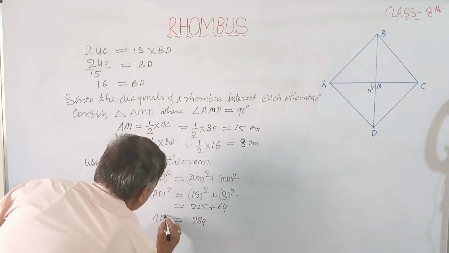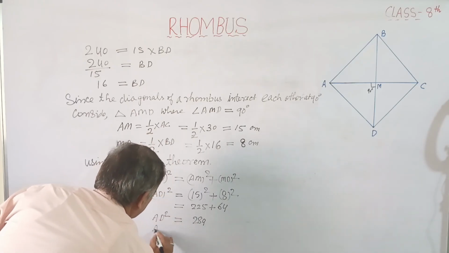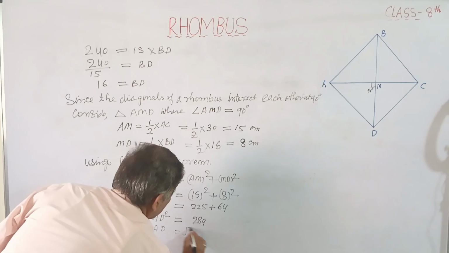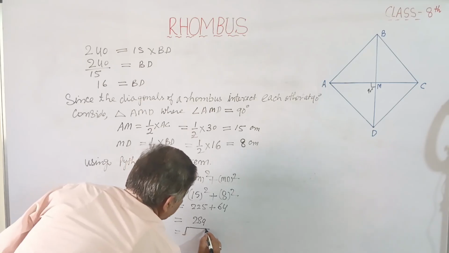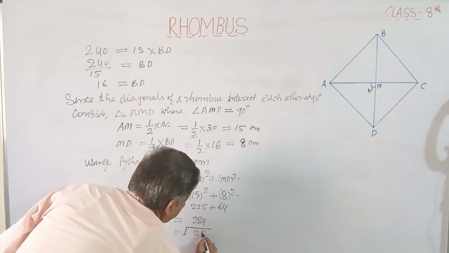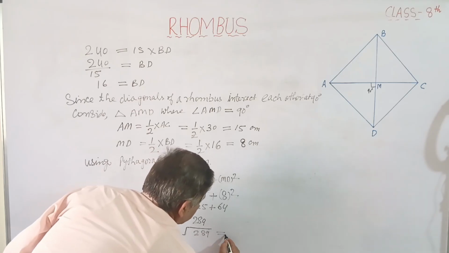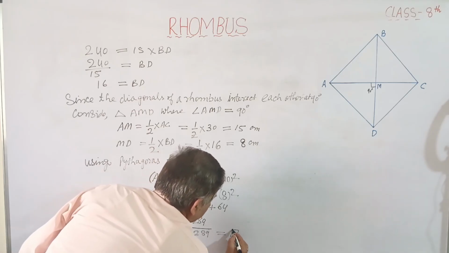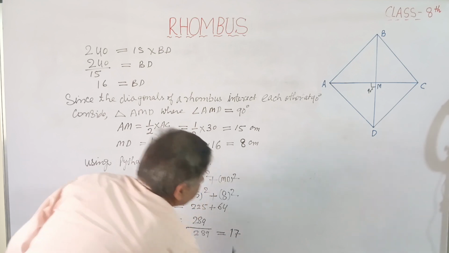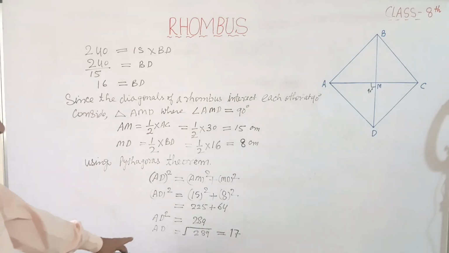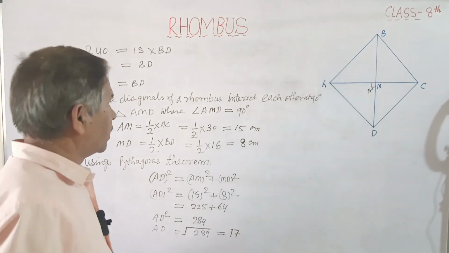So AD square is 289, therefore AD equals root 289 equals 17, because the square of 17 is 289.